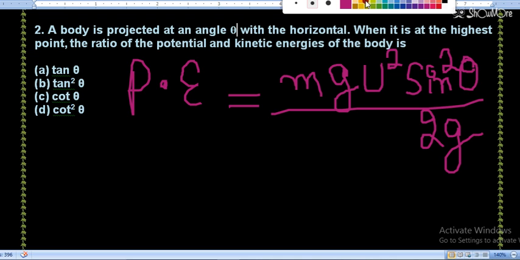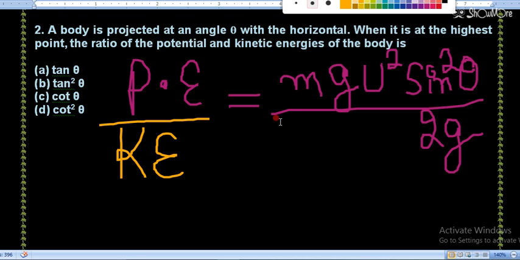Then we have kinetic energy. We have to find the ratio of potential energy by kinetic energy. So kinetic energy is equal to half m into v square, and we know which component will be there at the highest point, u cos theta.